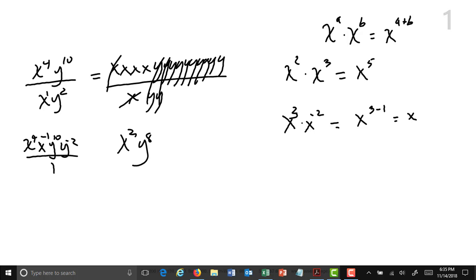Notice that these things got pushed up. You can go up and down like that as long as there's no plus signs in between them. And the sign changes. So guess what this one is on top? That's just x to the 4 minus 1 times y to the 10 minus 2. And that's why you have x to the 3, y to the 8.